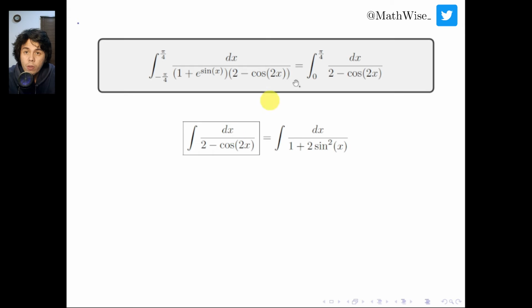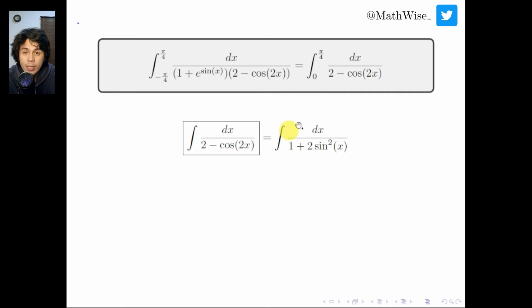Now to solve this integral, we write the denominator as 1 plus 2 sine squared x. We can do this because cosine 2x is cosine squared x minus sine squared x. I will leave it to you to check that these two are equal, as an easy exercise.